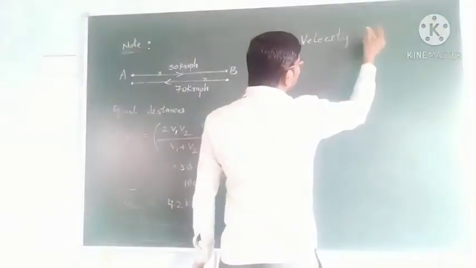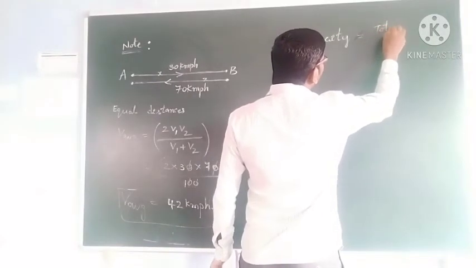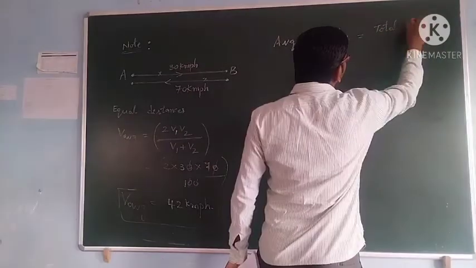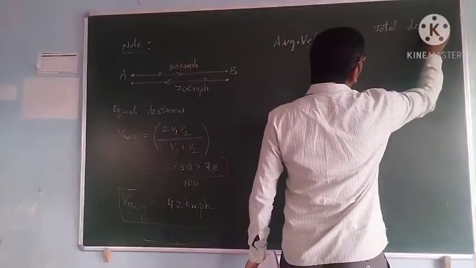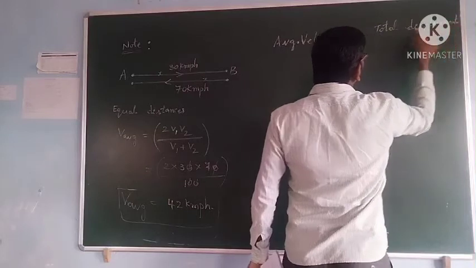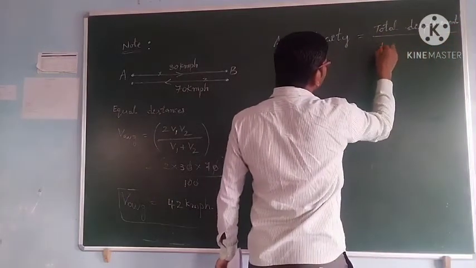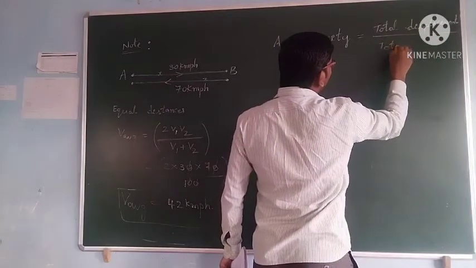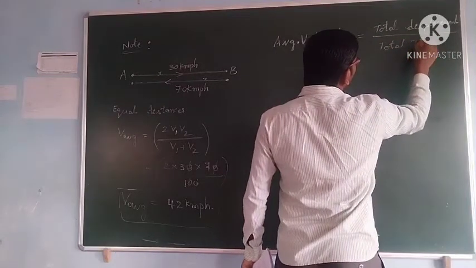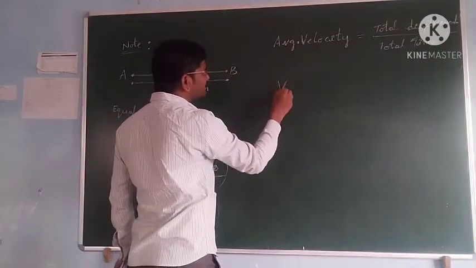We write total displacement by total time. Total displacement by total time is our formula. Okay, then average velocity.